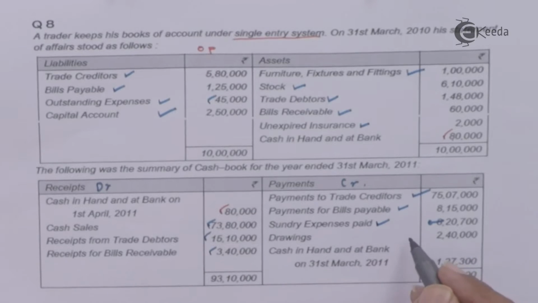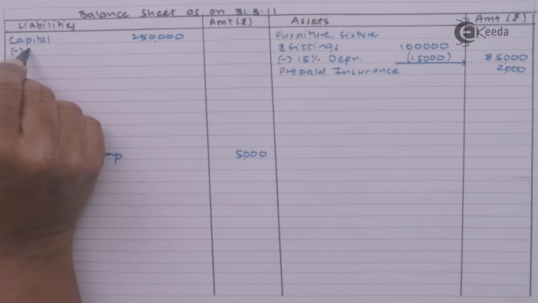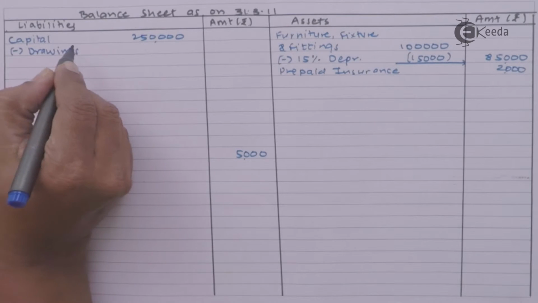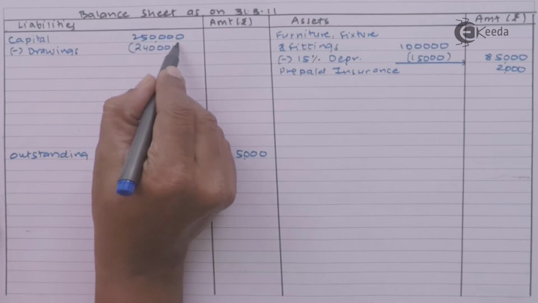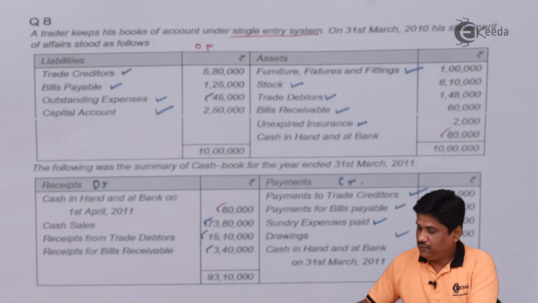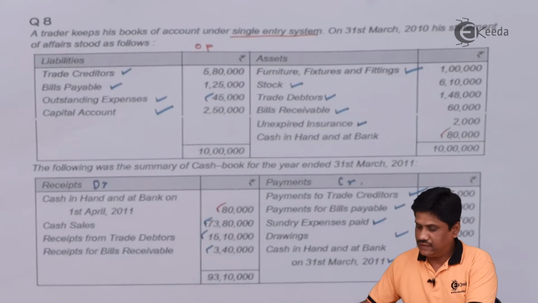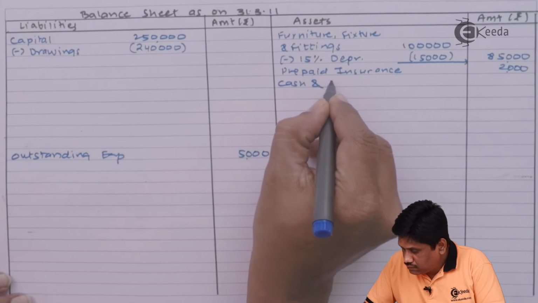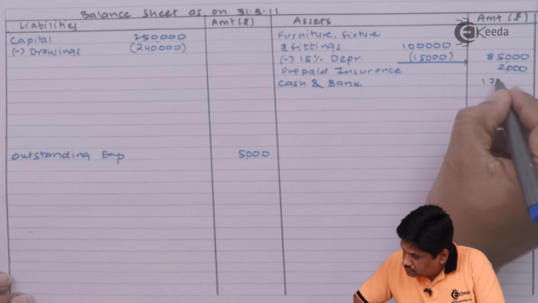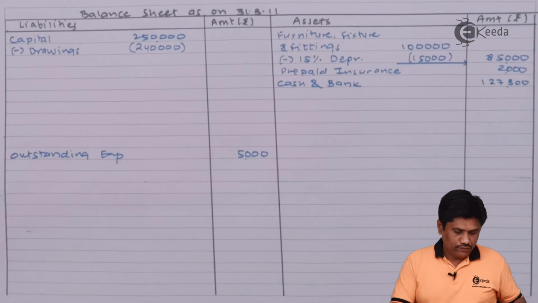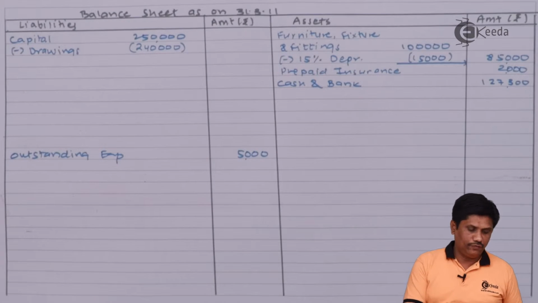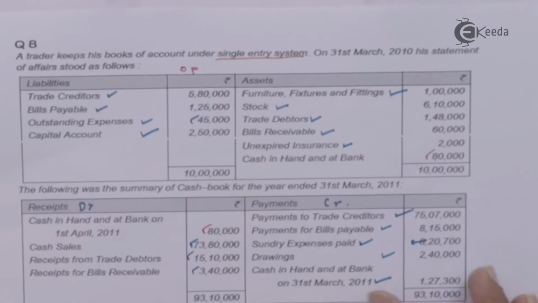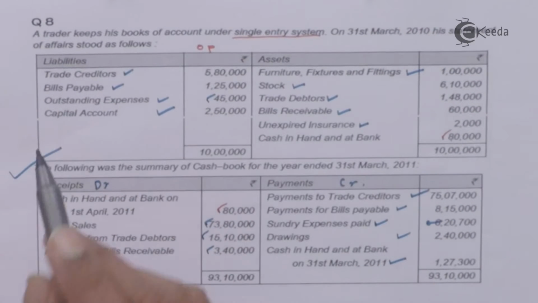Drawings I need to minus from my capital. And closing cash balance will be your current year asset 127,300. In this way, we have completed writing the details of balance sheet and cash book from this. So this entire page is taken care of.